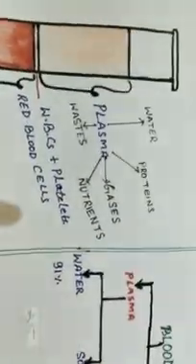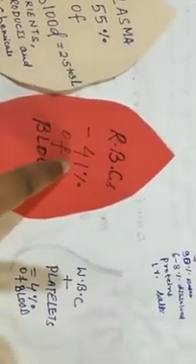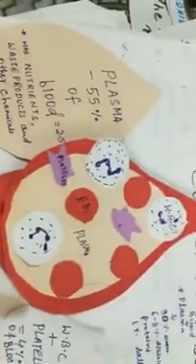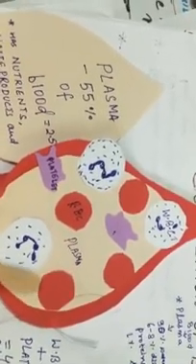So for your better understanding, you can see 55% of plasma, 41% of red blood cells, and 4% of white blood cells and platelets. So overall your blood somewhat looks like this, and blood looks red because of these red blood cells. Now let's read about these red blood cells.